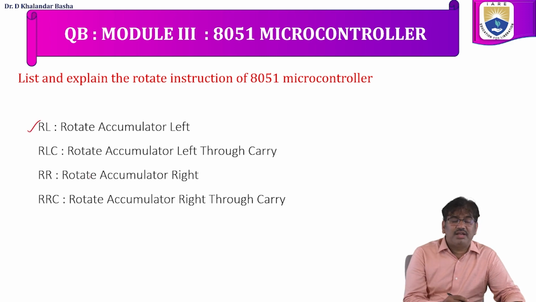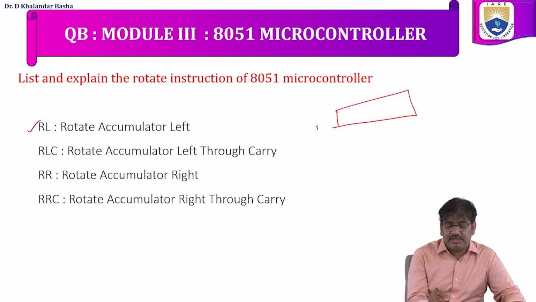The first one is the RR instruction, which is rotate accumulator right. Here the accumulator contents are B0 to B7, 8 bits wise. These contents will be rotated towards the right side without carry.